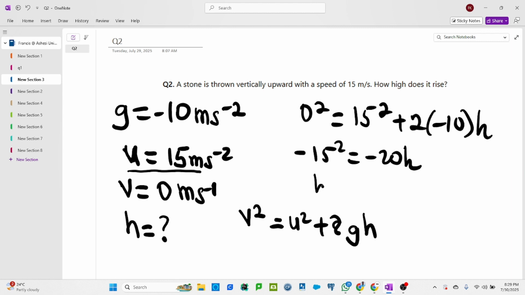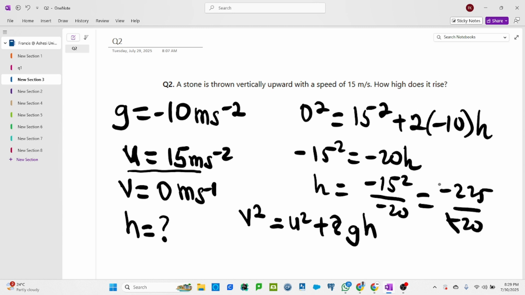So our h will be equal to negative 15 squared over negative 20. That will be 225 on your calculator, so negative 225 over negative 20. All the negatives will cancel out. So our height will be equal to 11.25 meters.